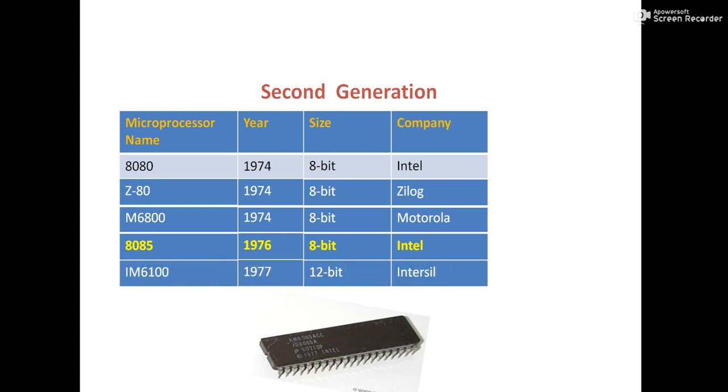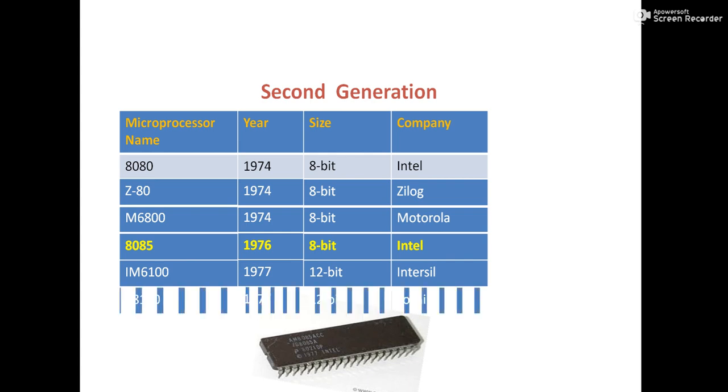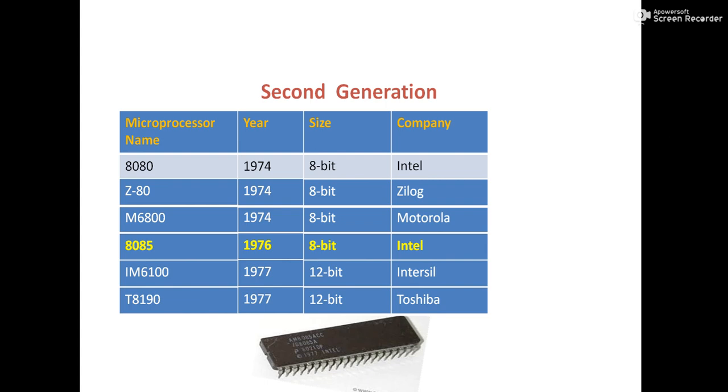In 1977, microprocessors IM6100 and T8190 were developed by Intersil Company and Toshiba Company respectively. Size of these microprocessors were 12-bit.